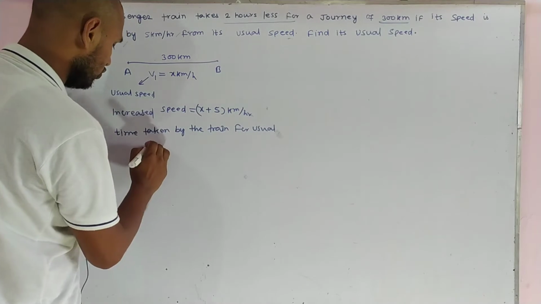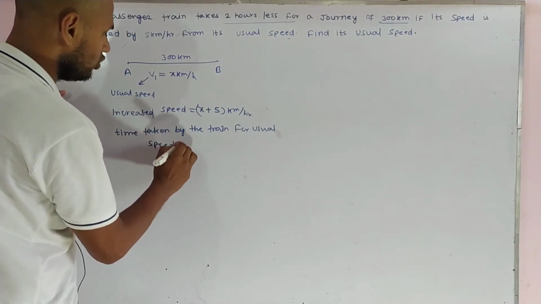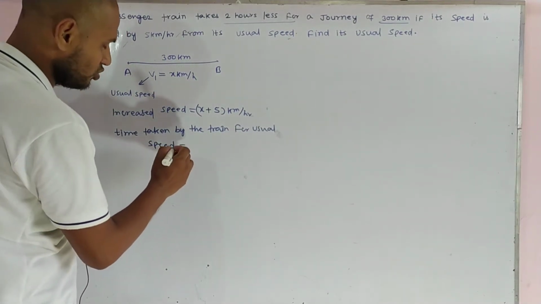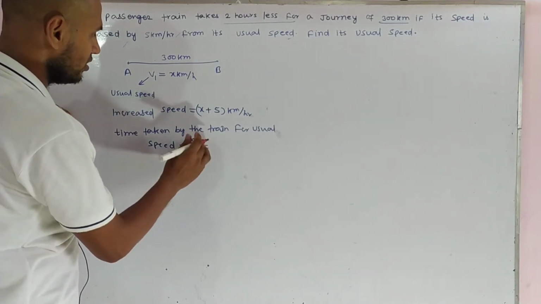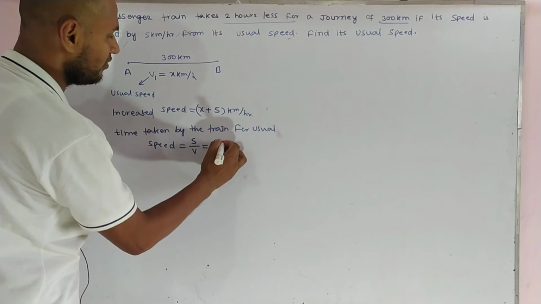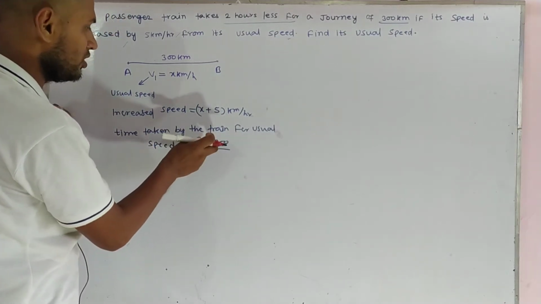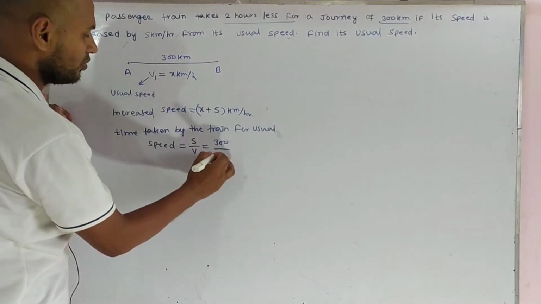We know that time equals distance by speed, that is s by v, s for distance, v for speed. The distance is 300 km, and the usual speed is x km per hour.